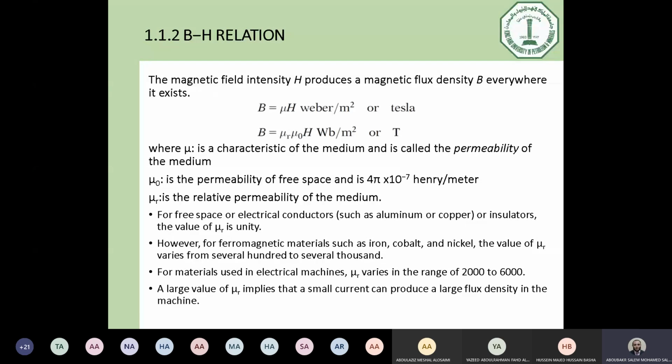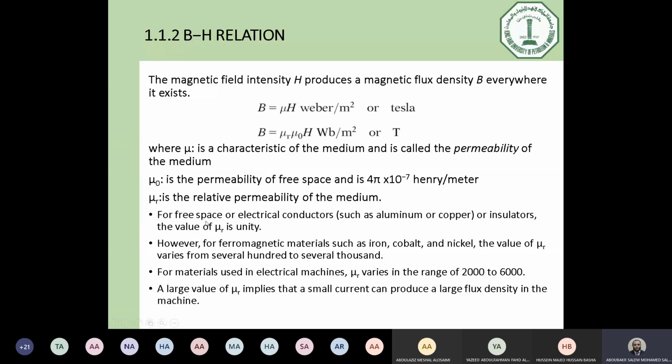Now, each kind of material has its own mu r, or relative permeability. What is the value of this relative permeability? For free space or air, the relative permeability will be 1. However, for magnetic materials, it will be a high value.